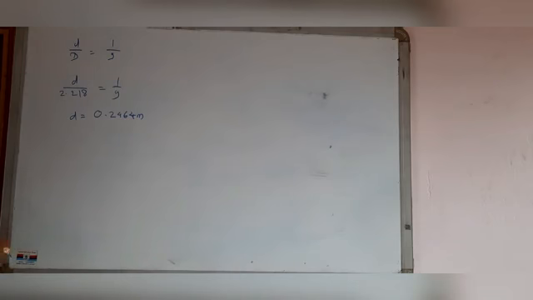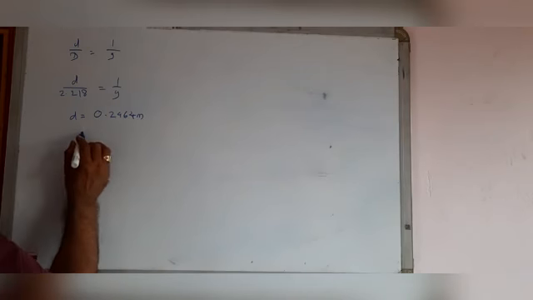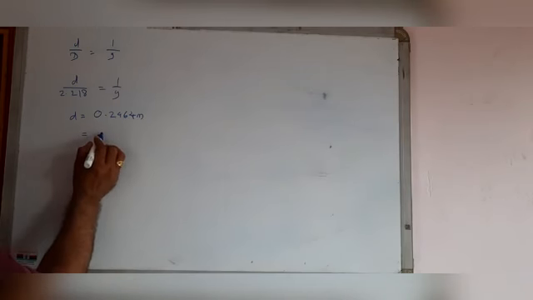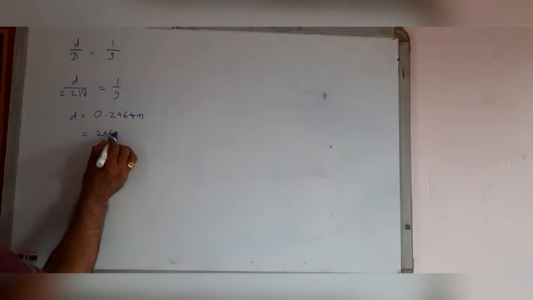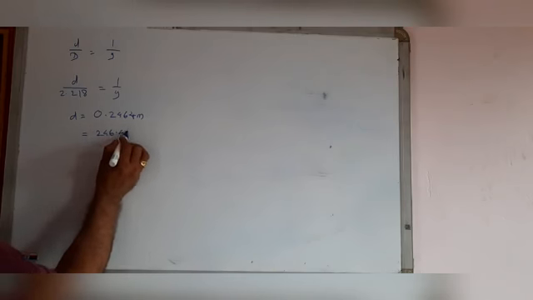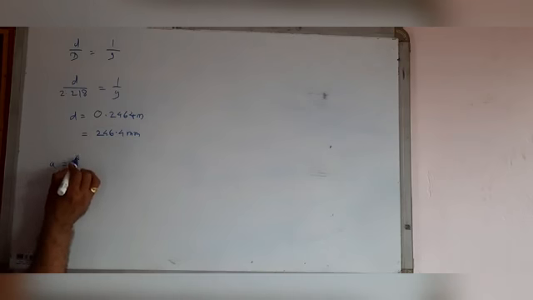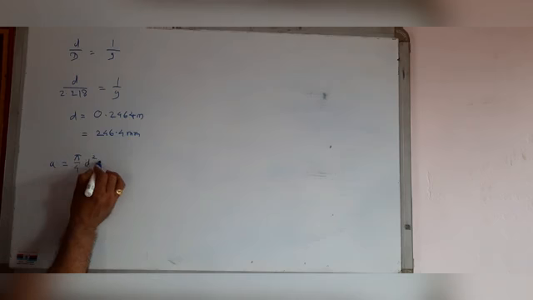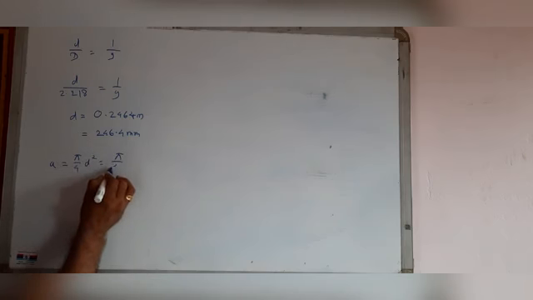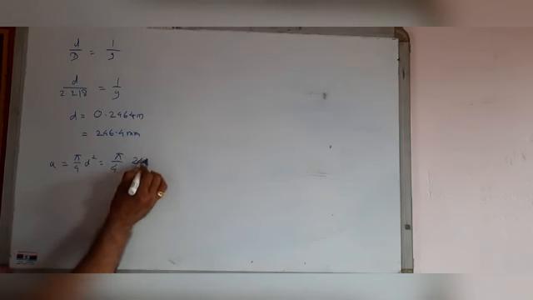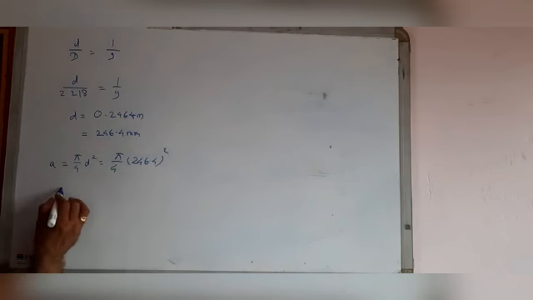Now for calculating area of jet we can convert this into millimeter, that is 246.4 millimeter, and area equal to pi by 4 d square, pi by 4 into 246.4 square.